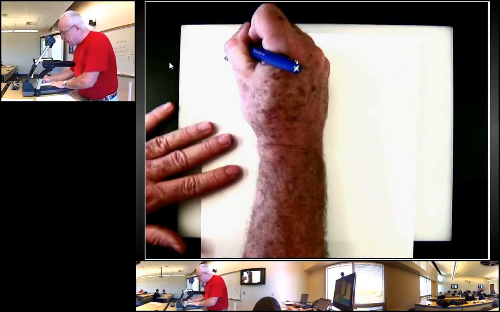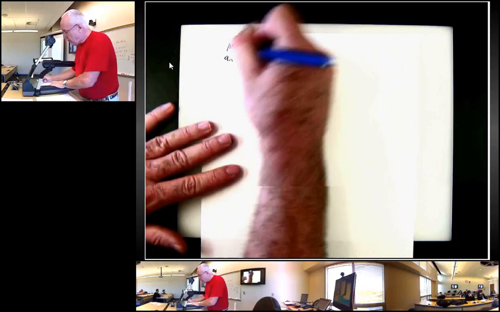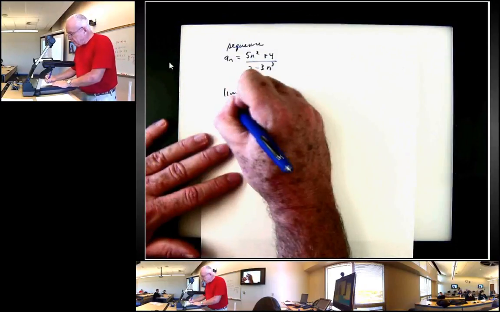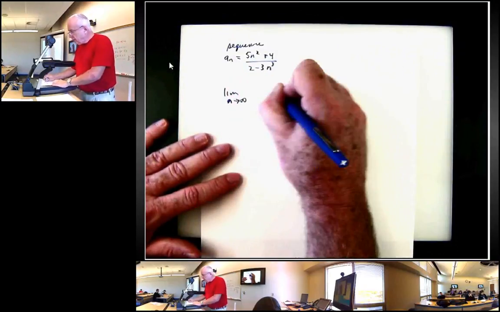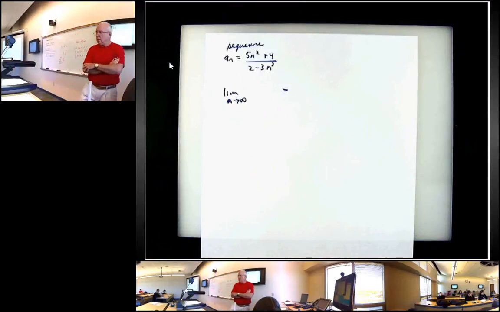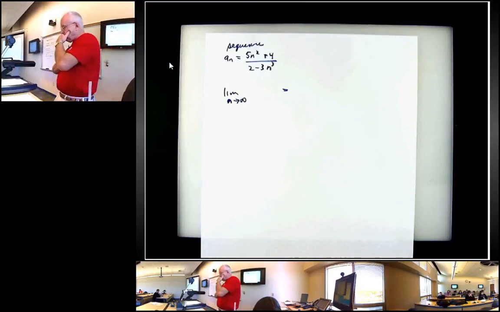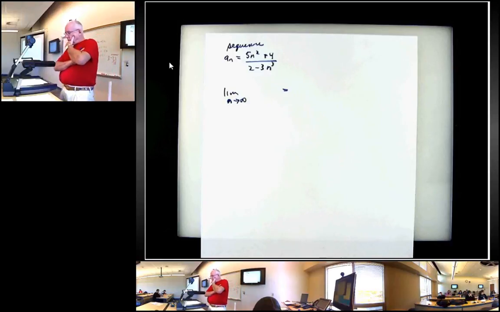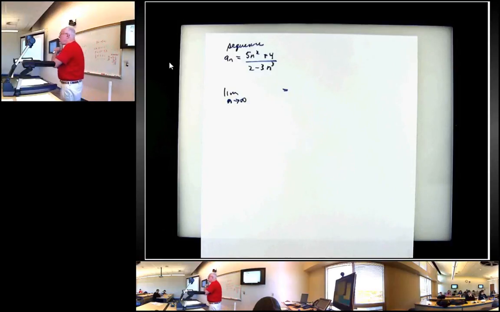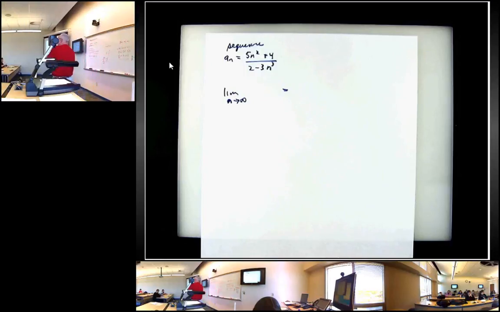It's not a series. What's the limit as n goes to infinity of that expression? How would we go about trying to figure it out? This is from the practice set, those blue pages.